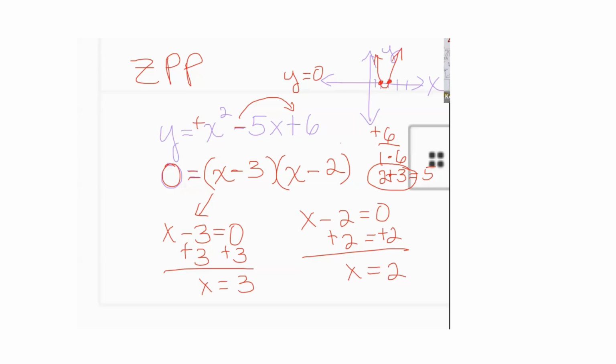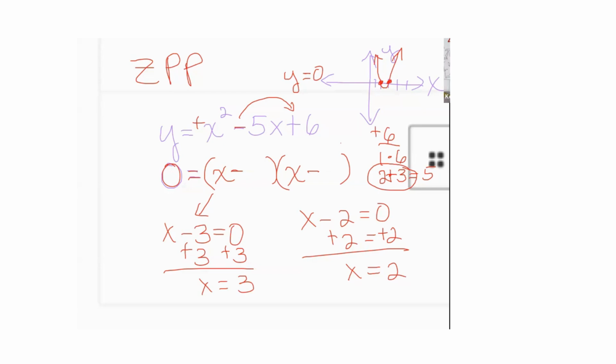But anyway, the point is that whatever those numbers are, those are our x-intercepts. So we could go back now and make that generic.